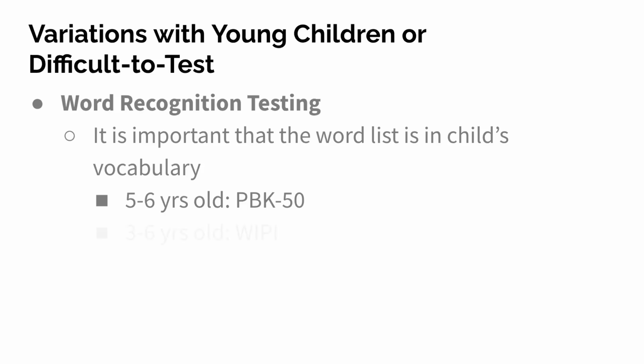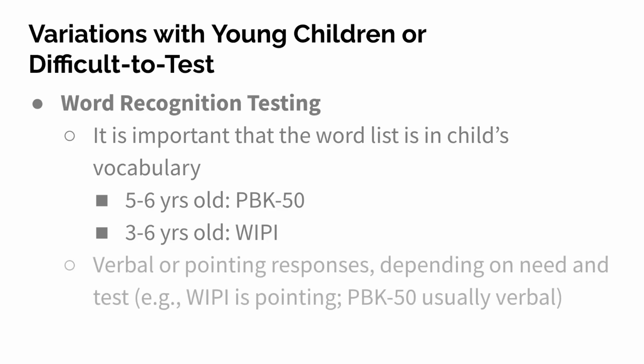They're a great list. Now for 3 to 6 years old, this is a harder population to test, but you've got the WIPI, the Word Intelligibility by Picture Identification. This is a picture-pointing response. It's a closed-set test. You're looking for verbal or pointing responses for the WIPI, and verbal responses for the PBK-50.